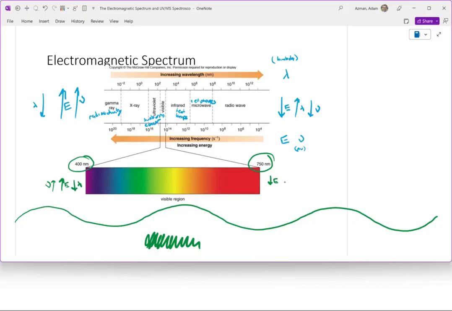And if it's lower in energy, that means it has a longer wavelength and a lower frequency. So the red side is lower energy, the purple side is higher energy, the red side is longer wavelength, the purple side is shorter wavelength. So the purple side is higher energy then.